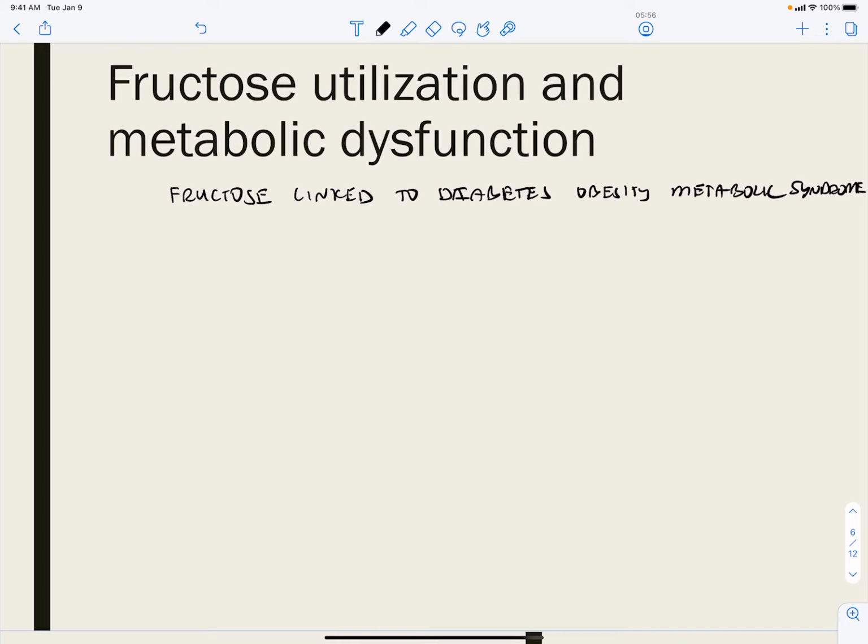And metabolism of fructose is going to lead to an increase in serum uric acid.